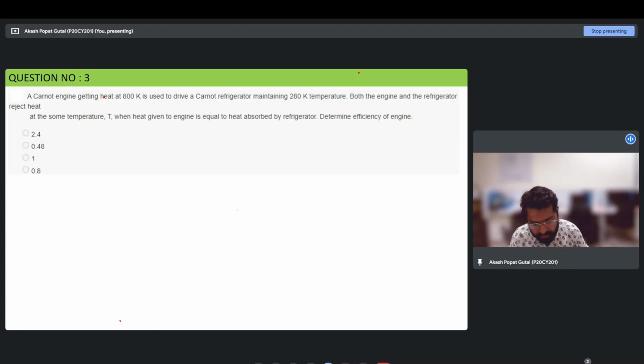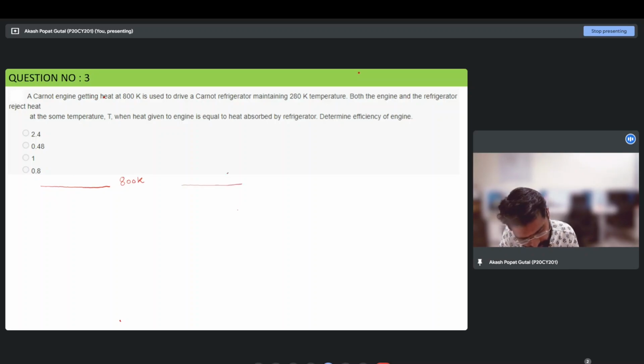So we'll start drawing the given things. It will be better to understand by drawing the diagram. Here is the 800 Kelvin heat bath of the engine.